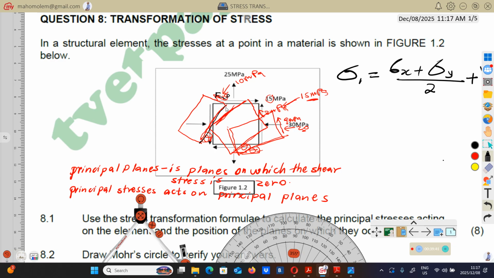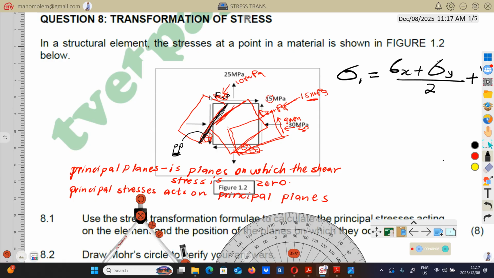So at this plane where the shear stress is 0, because when we rotate this element to this plane, the shear stress is going to be 0, we're going to call it the principal plane. The principal plane is the plane on which there is no shear stress.